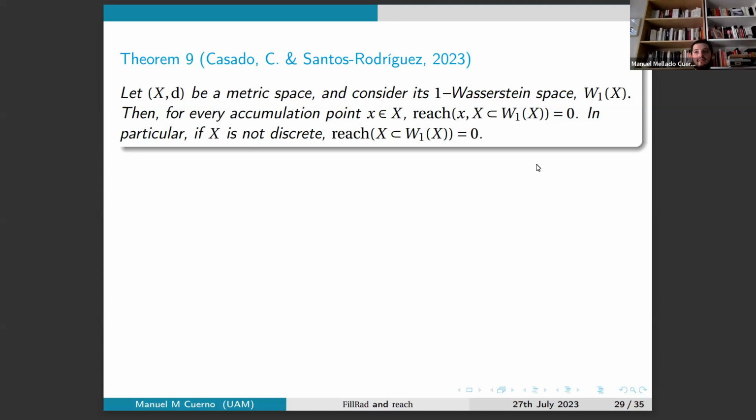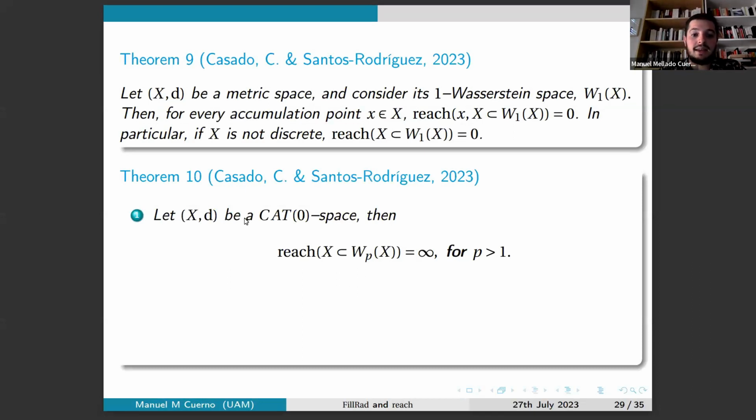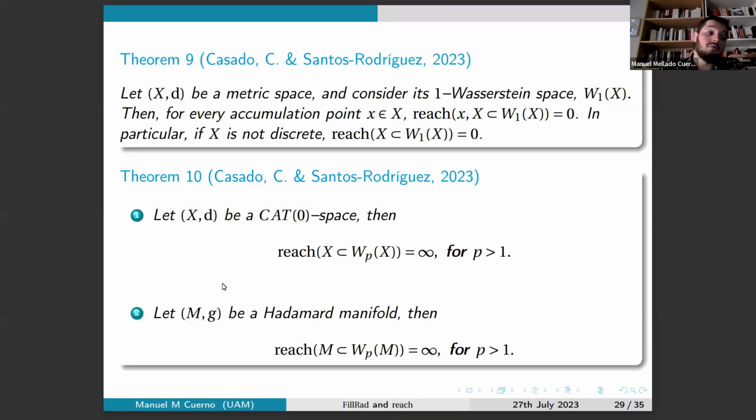We obtained these examples working with Martin Kell's paper, and we have to impose some restrictions on the distance function of the metric space. After applying all these results, we obtain that if X is a CAT(0) space, then the reach of this space is infinity. And as an example of a CAT(0) space, if M is a Hadamard manifold, the reach of the manifold is also infinity.